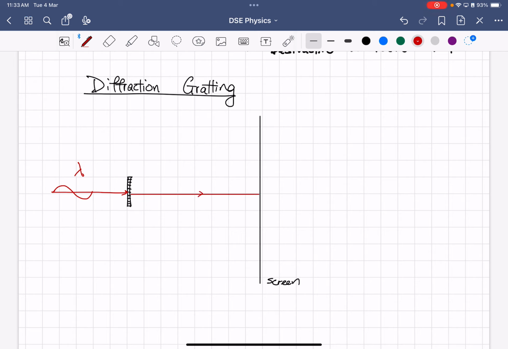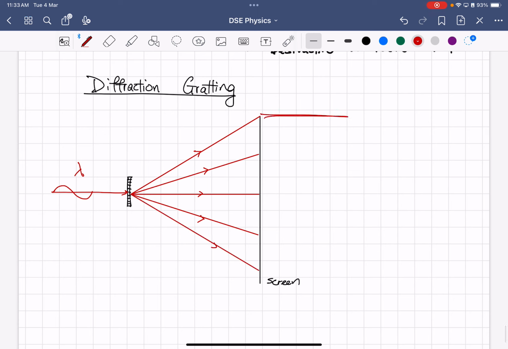In this case, we do not have the interference pattern we saw before. Instead, we will just see the maxima. So you have a peak here, peak here, peak here, peak here, and a peak here.